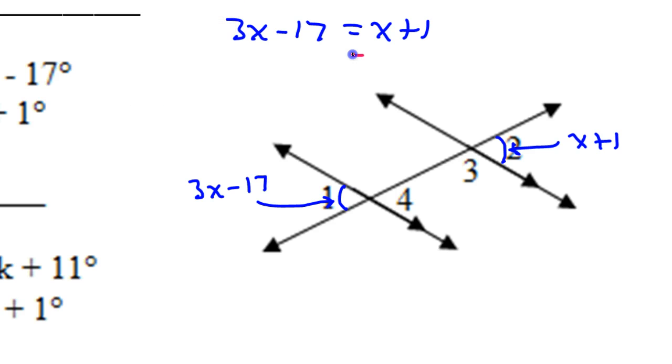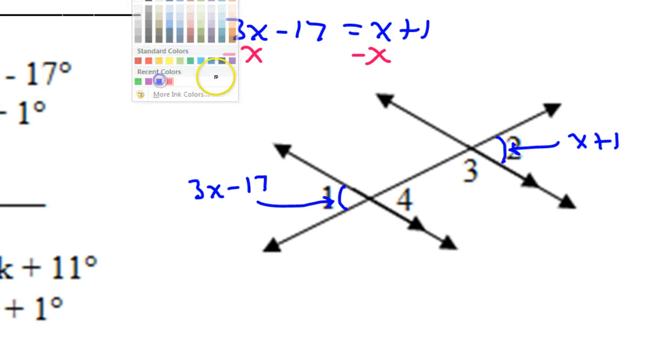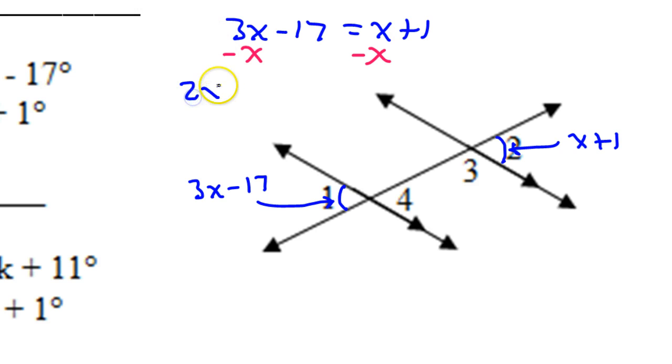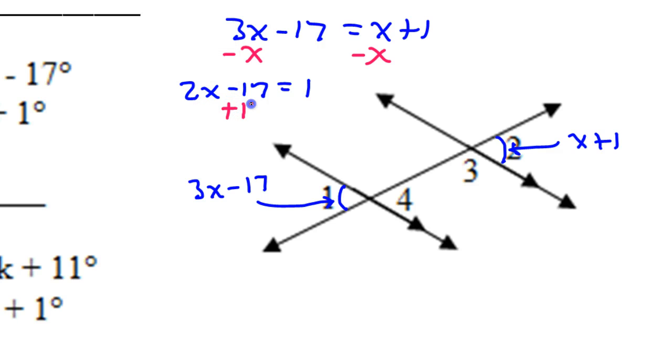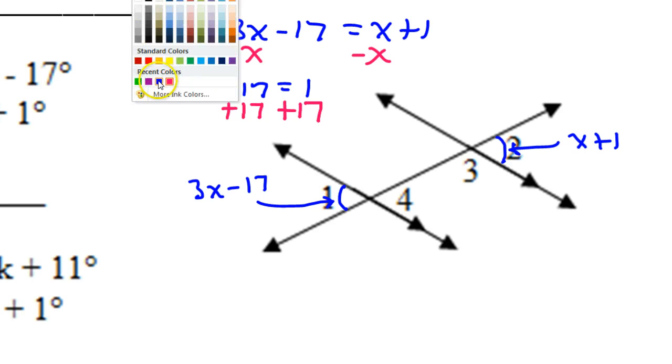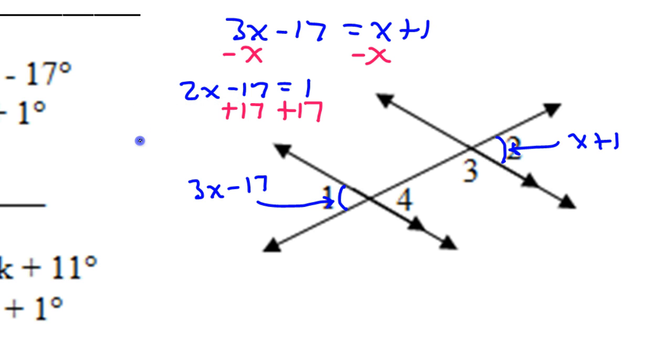Well, let's subtract x from both sides. That will give us 2x minus 17 is equal to 1. And let's add 17 to both sides. So that's going to give us 2x is equal to 18.